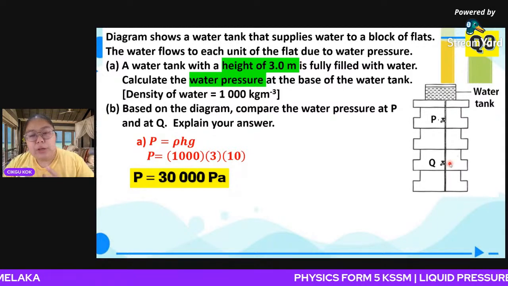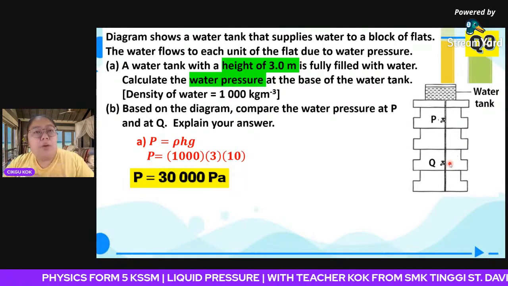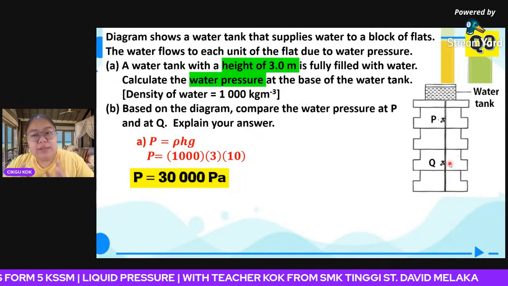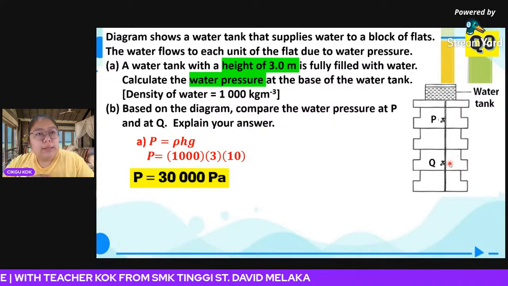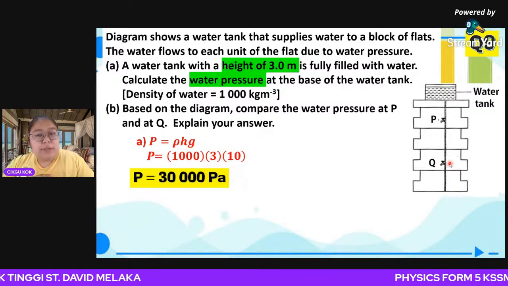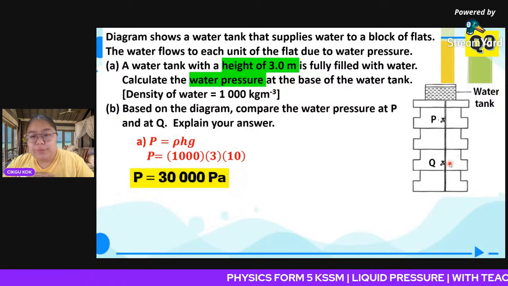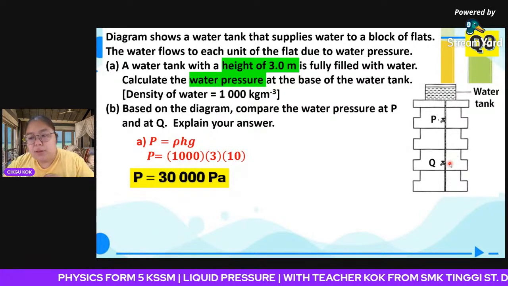That means when you just open the water tap, when the water flows out, which one produces the highest pressure? Which one can produce more pressure and let the water flow out very fast, at high speed? Okay, which one?